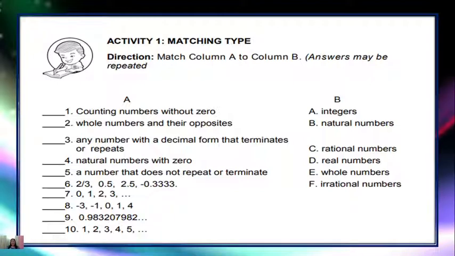What I will see in your answer sheets is your final answer in Activity number 1, items 1 to 10. Let us repeat: answers may be repeated. Sometimes letter C can be repeated here, depending on the description in column A.